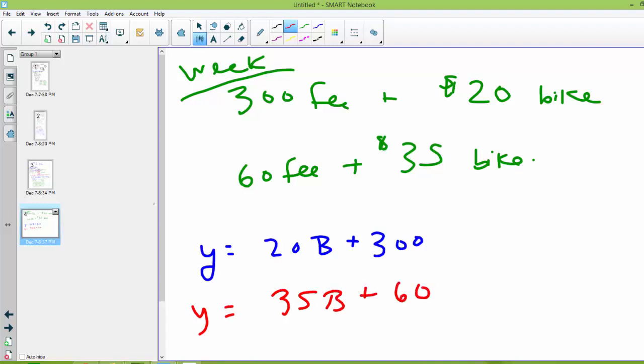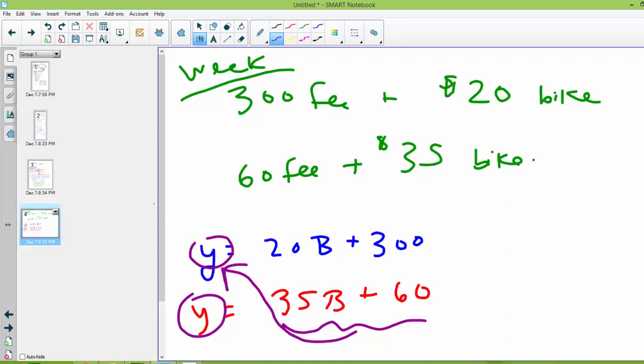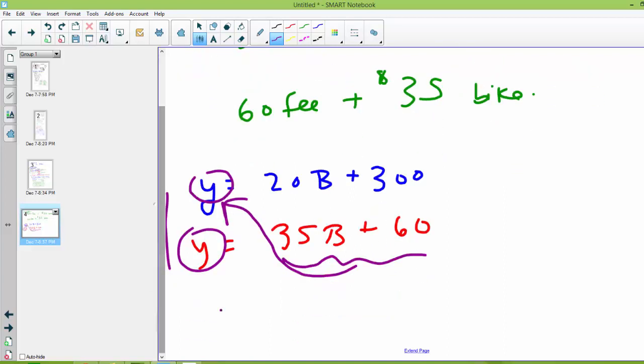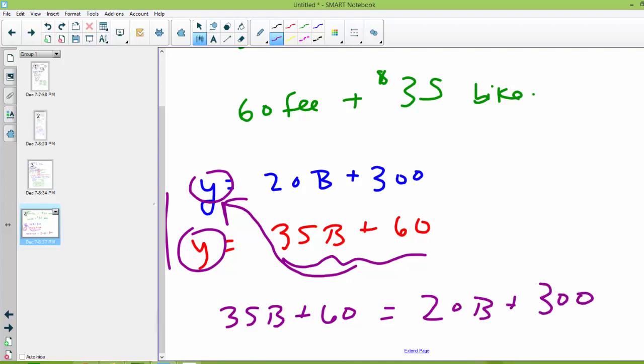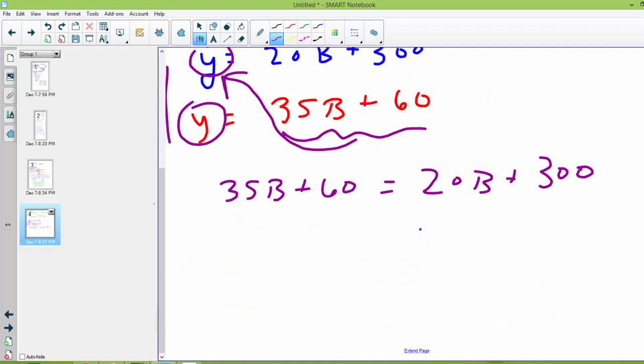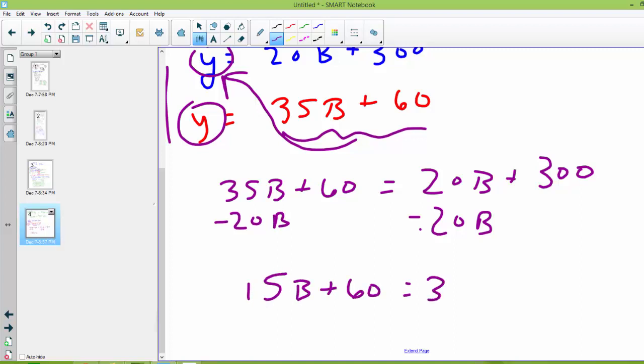So we can substitute. This y and this y are the same, so you can substitute the entire equation and set them equal to each other. So 35b plus 60 is equal to 20b plus 300. So in order to solve this, you want all of the letters on one side, so take away the 20b. So 15b plus 60 is equal to 300.